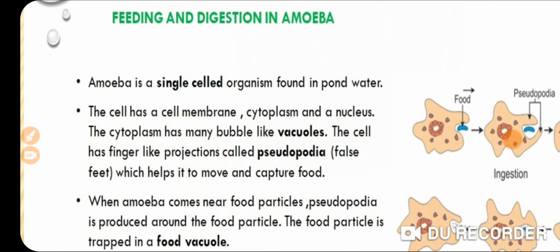The cytoplasm has many bubble-like vacuoles. The cell has finger-like projections called pseudopodia. Pseudo means false and podia is derived from the word podium, meaning feet, which helps it to move and capture food.